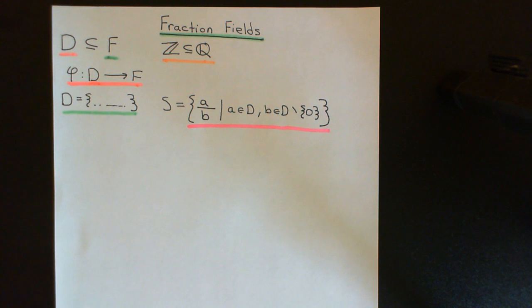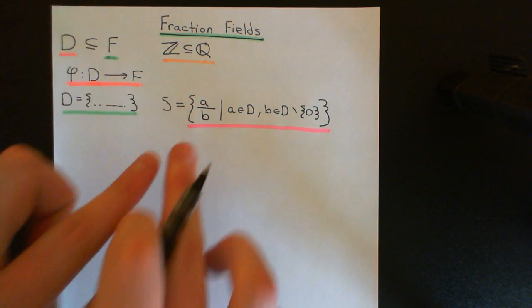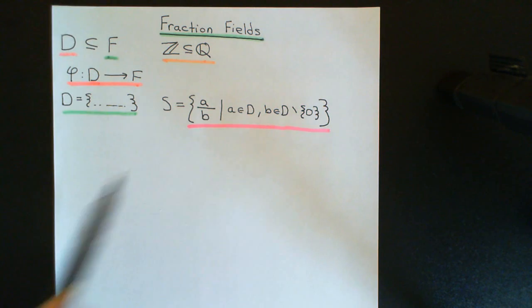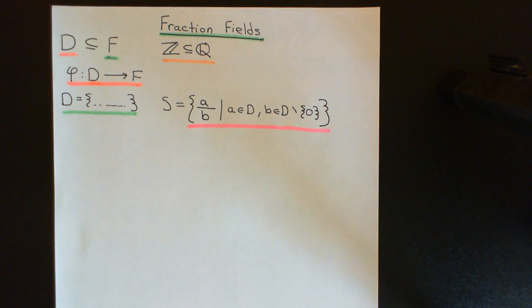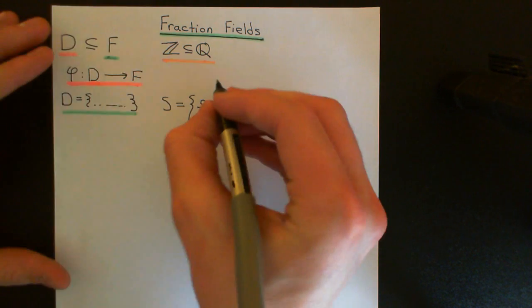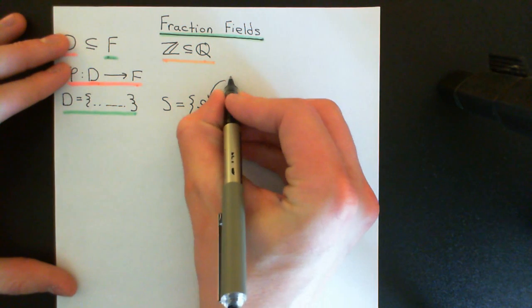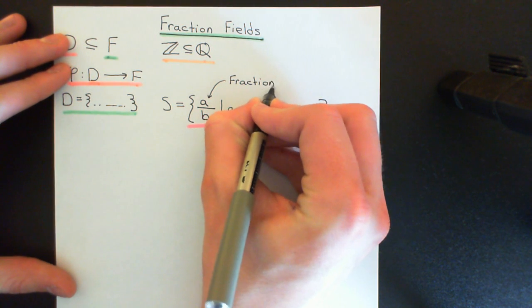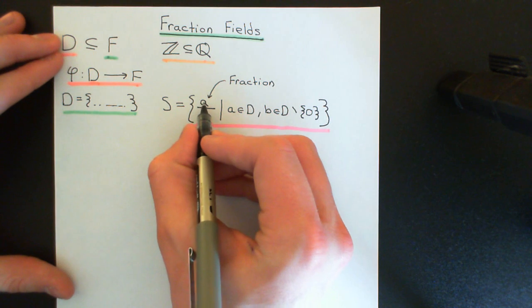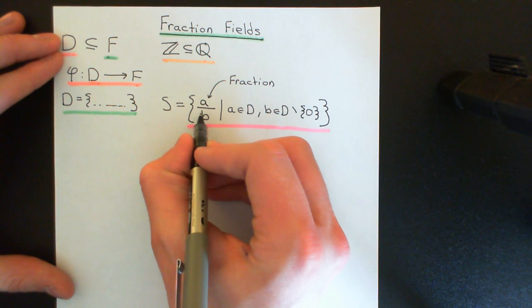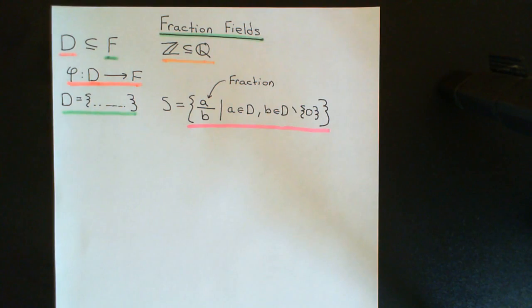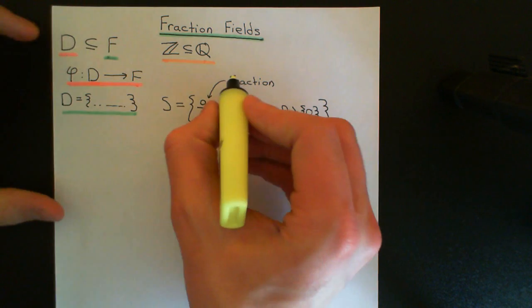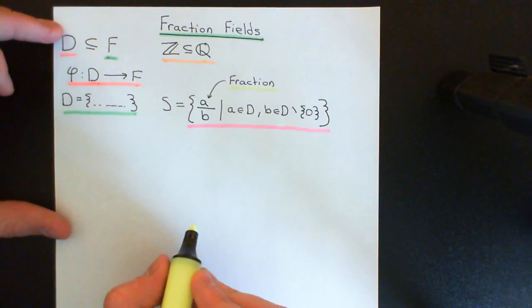Okay, so we've got a beautiful set of symbols here, and we will call these symbols, i.e. something over another thing from the domain, fractions. Okay, so that's the formal definition of a fraction. It's just a symbol. That's all it is. It's one element of the integral domain over another element of the integral domain, and at the moment it's just a symbol.